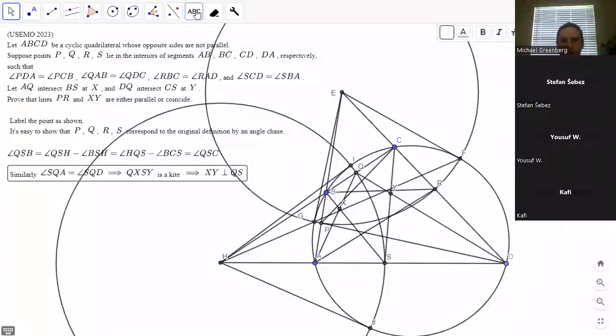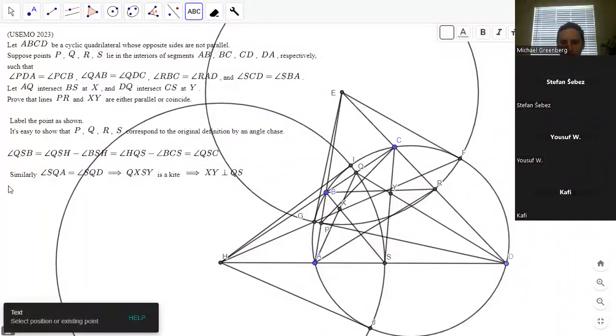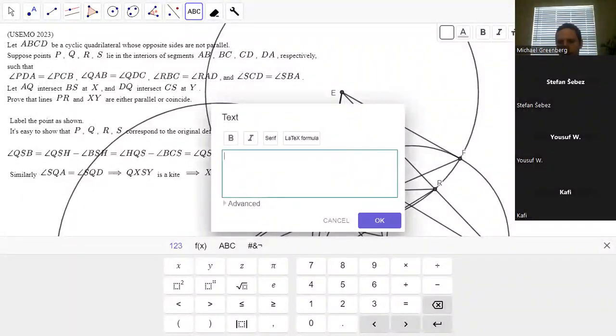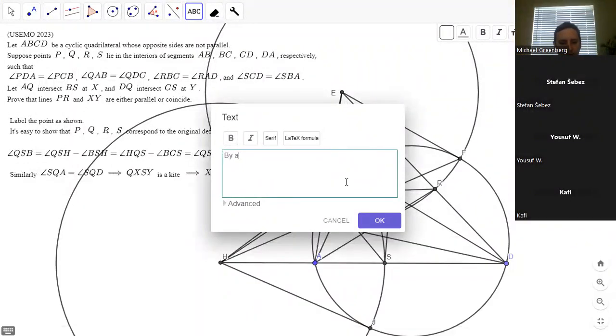And then by an easy angle chase, QS is parallel to the bisector of AEB.